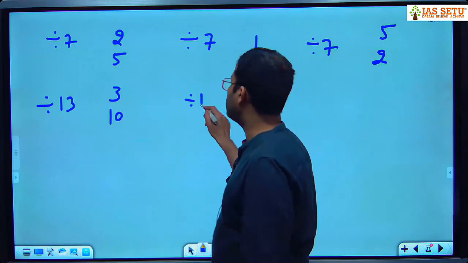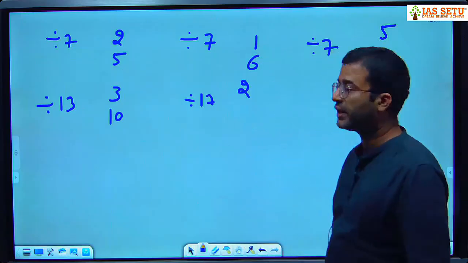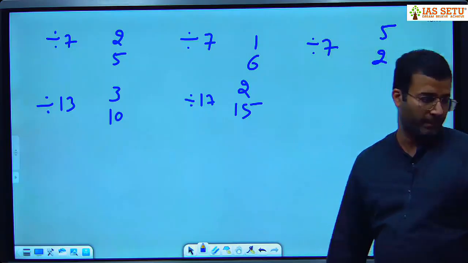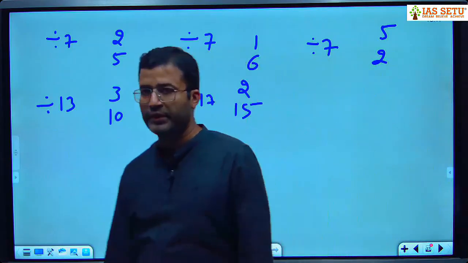If your divisor 17, positive remainder 2, what about negative remainder? 15.